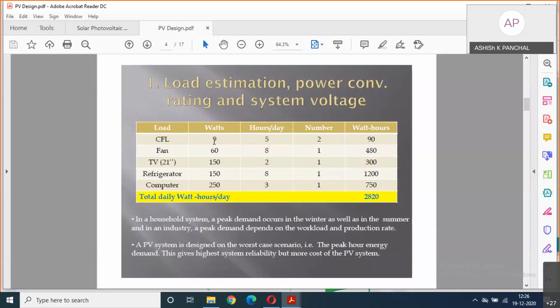Excuse me, sir. Can I hear you? Sir, your voice is breaking. Maybe it is a connection problem. Others are listening to me very clearly. Even in the chat box, the message says the sound is breaking, please check your connection. Paresh sir, am I not audible?